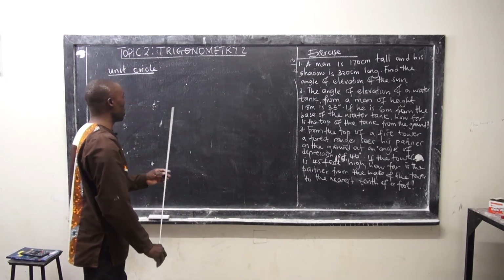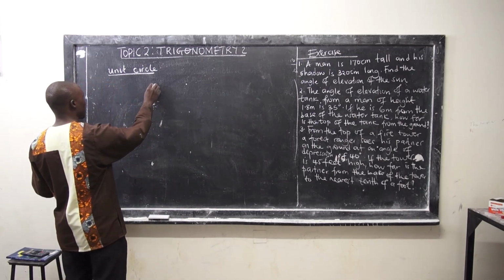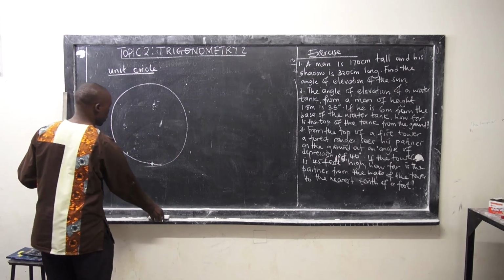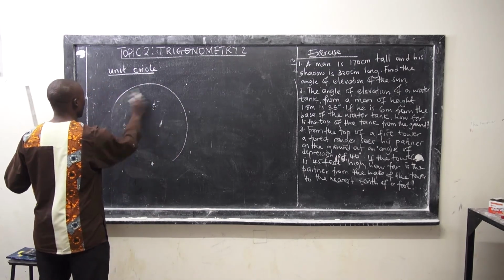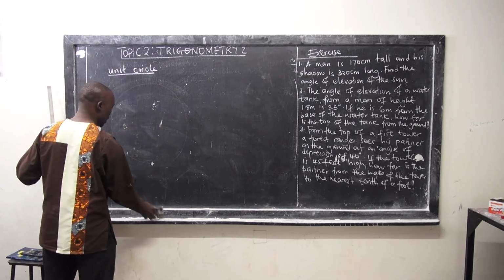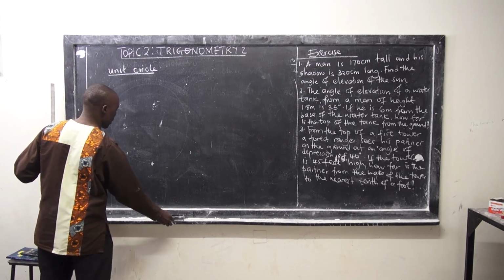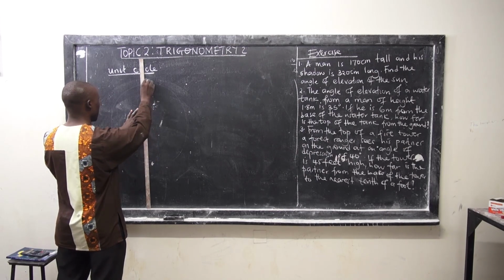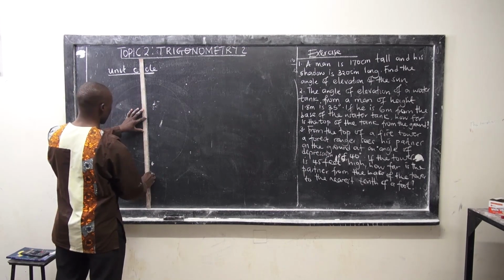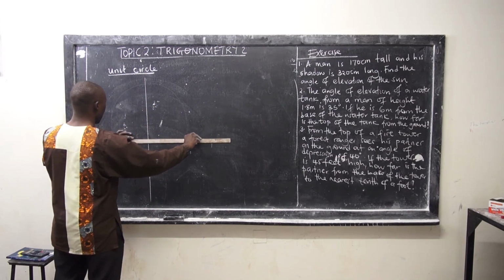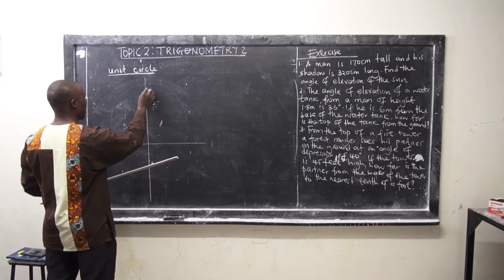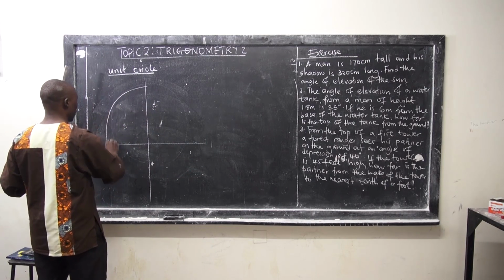You can draw it in the book, but in my case, I'll just sketch it here. The radius can be any length, but when we're expressing it on the xy plane, any length can be expressed as 1 unit.